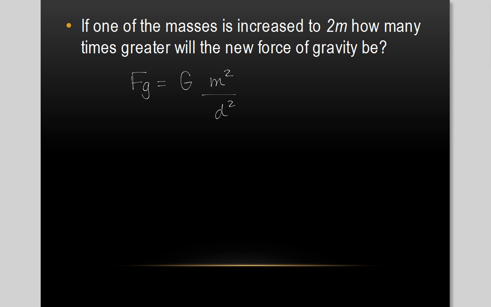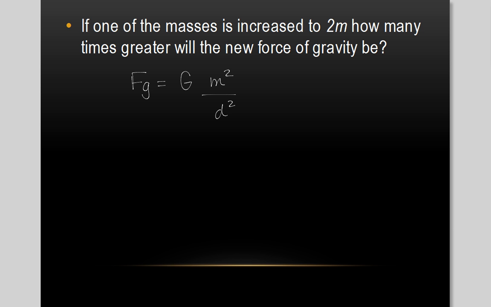You probably don't really remember, but we're going to call this new force Fg prime. And I'll represent that with a little tick on the top. So Fg prime is going to be the exact same equation, except we're going to replace m with 2m, because, oh, it says only one of the masses. Oh, that's silly. So that does not help us. Let's go ahead and back this up.